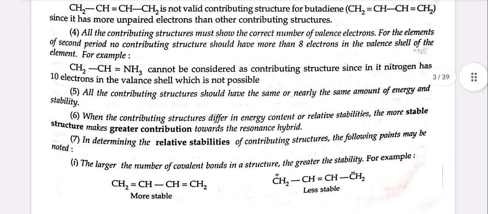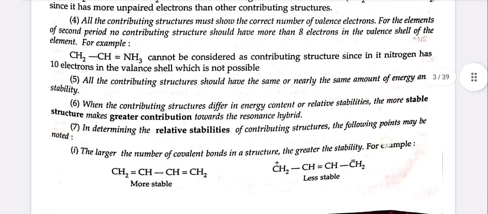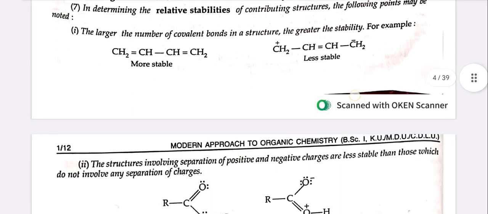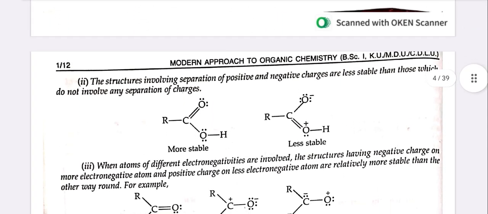Seventh, in determining the relative stability of contributing structures, the following points may be noted. First, the larger the number of covalent bonds in a structure, the greater the stability. Second, structures involving separation of positive and negative charge are less stable than those which do not involve any separation of charge.